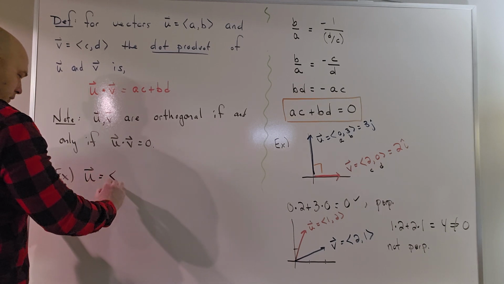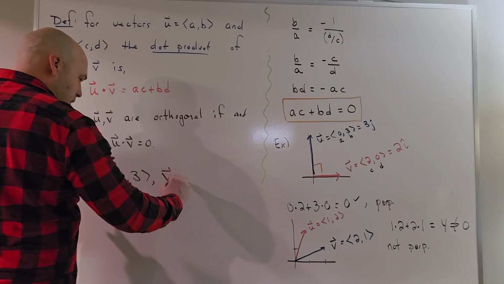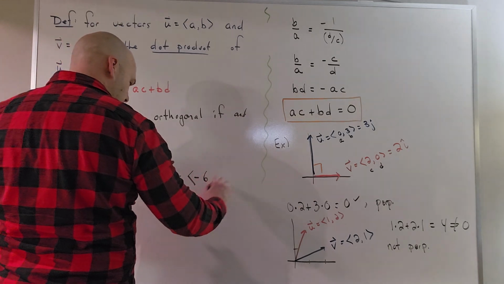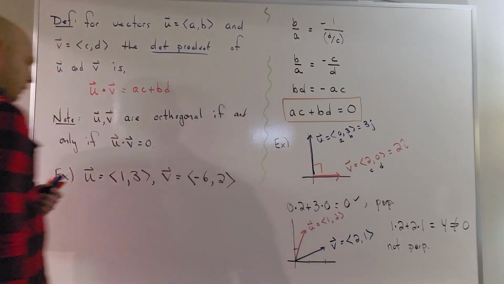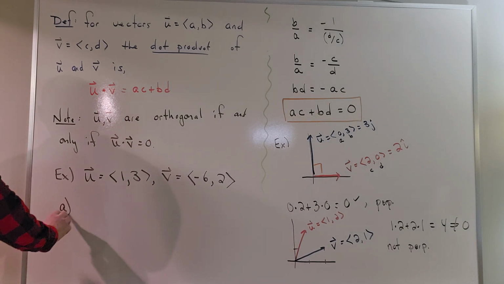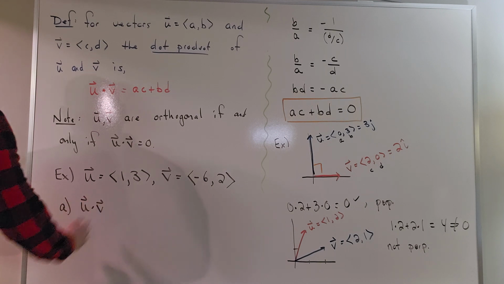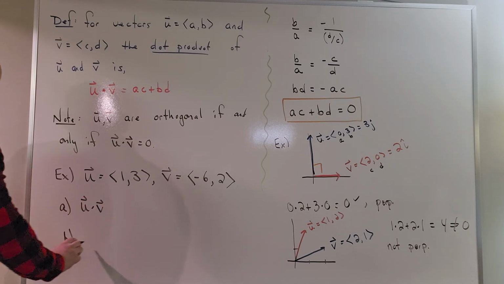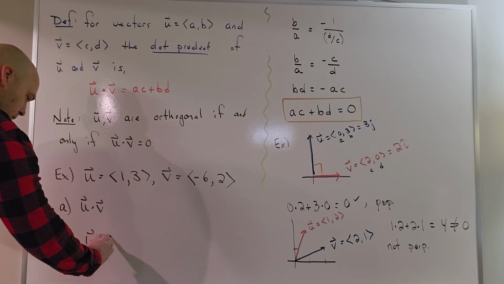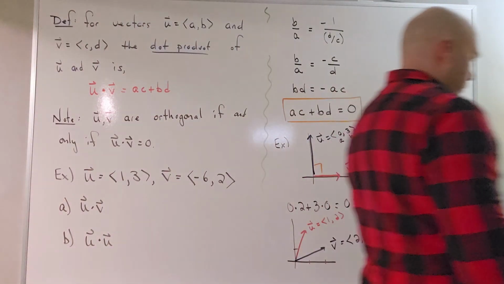U is going to be the vector 1, 3, and v is going to be the vector, let's say, -6, 2. So a couple different computations with this. Part A, let's compute u dot v. Part B, let's compute u dotted with u.